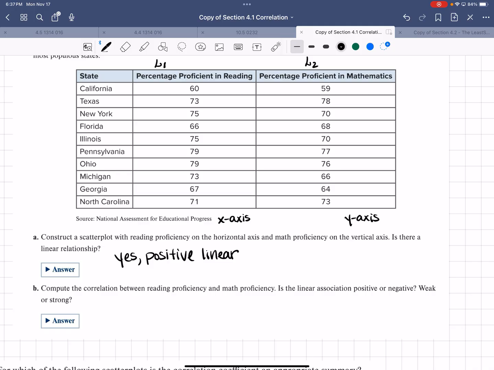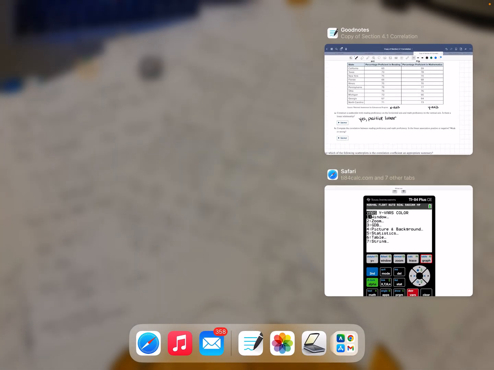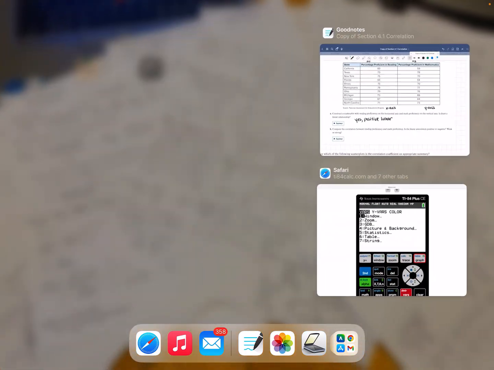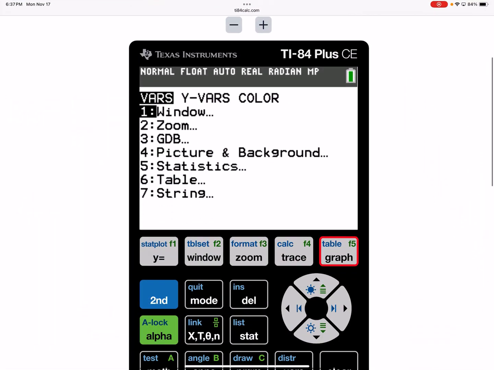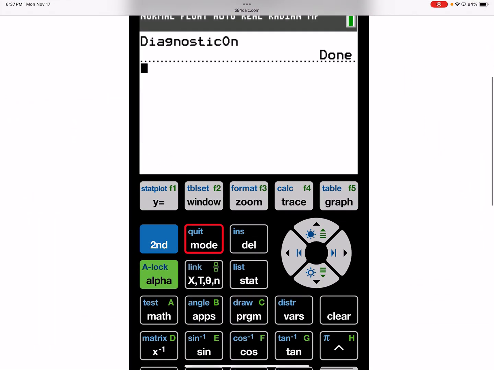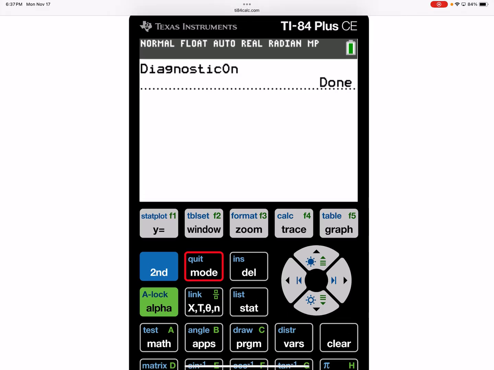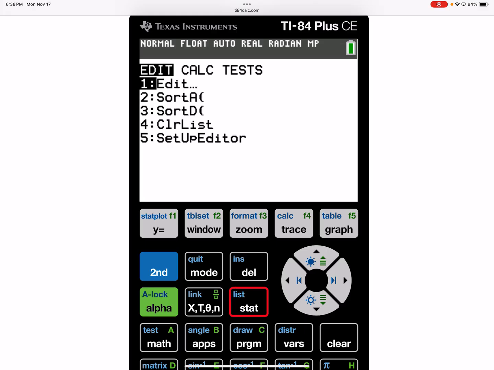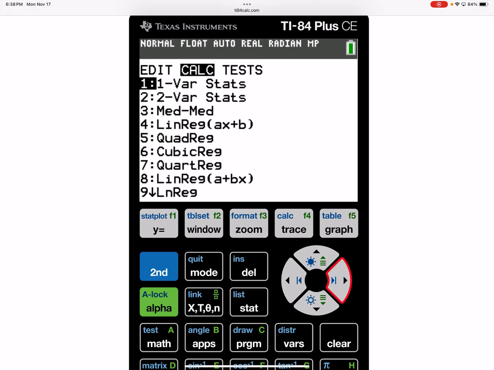Now, you can do this a couple of different ways here. I just second quit and went back to my home screen. Then we're going to go to Stat and over to Calc. Personally, I always pick number 4, the linear regression, because it's ax plus b.